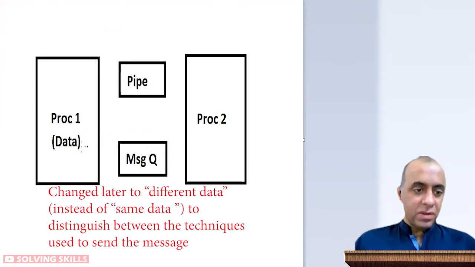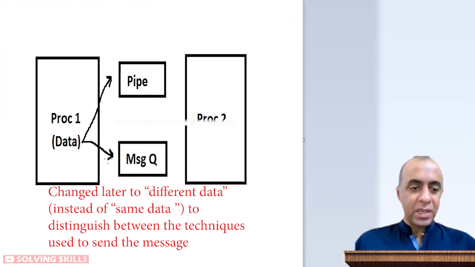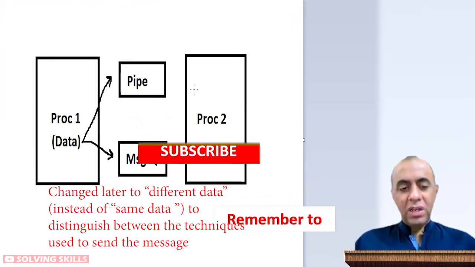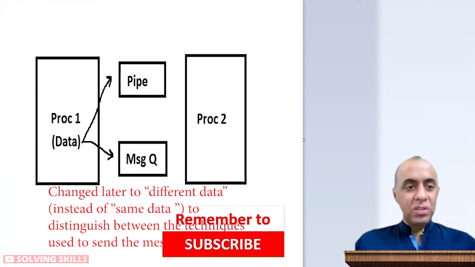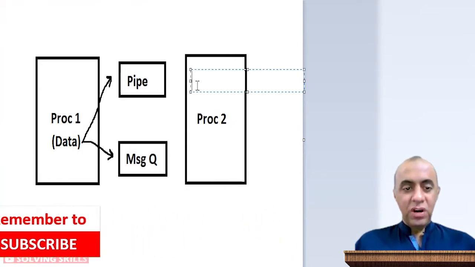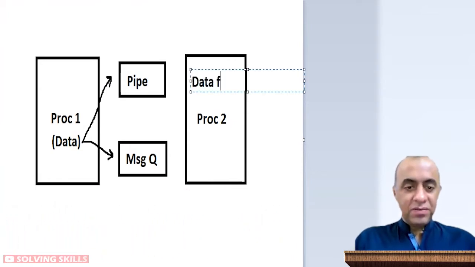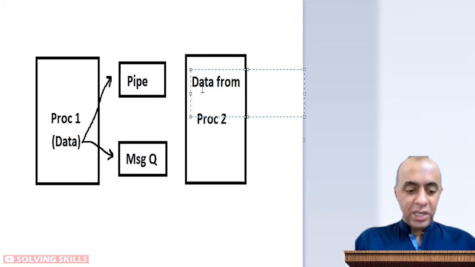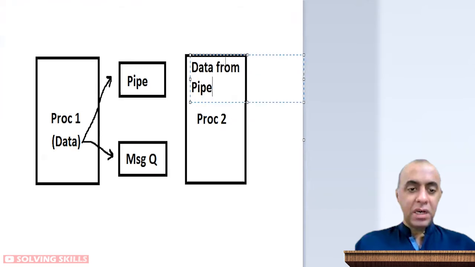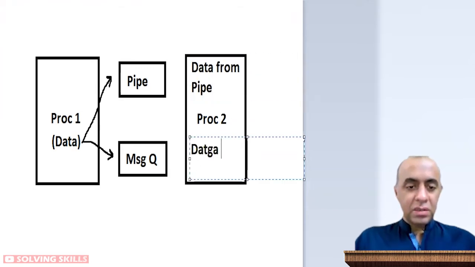Process 1 is going to use some data which will be the same, and it will send the same data to a pipe and the same data to the message queue. And process 2 will receive this data in two forms: one will be data from the pipe and the other will be data from the message queue.